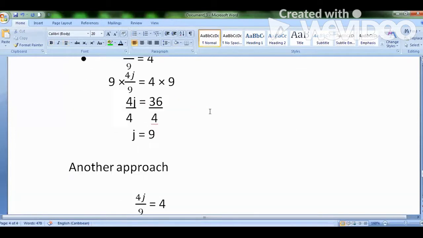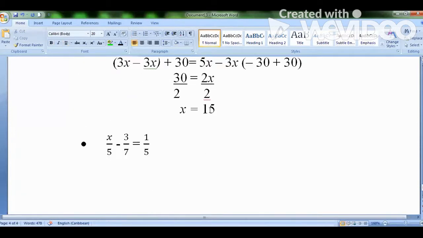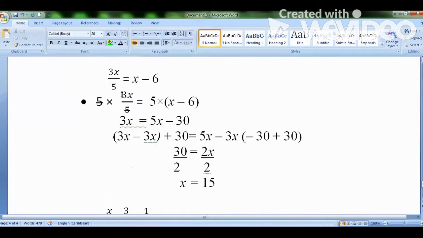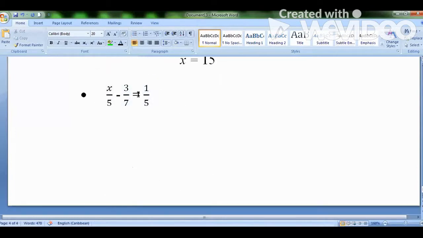The difference between, say, this one and this one: all of them are fractions, that's true. So the approach is going to be different. LCM. Yeah, you're right. This is the part where we're going to have to find the LCM.